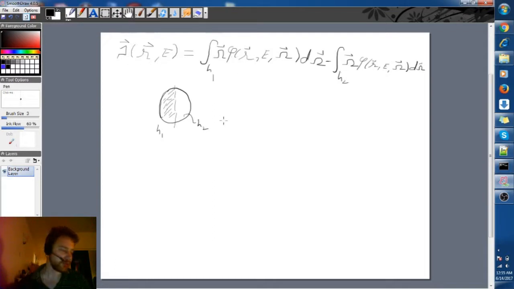Carl Ott uses a slightly different notation, which I find personally a bit confusing.